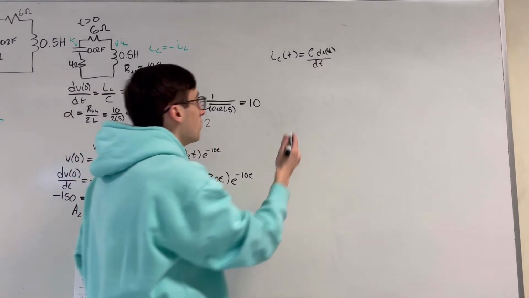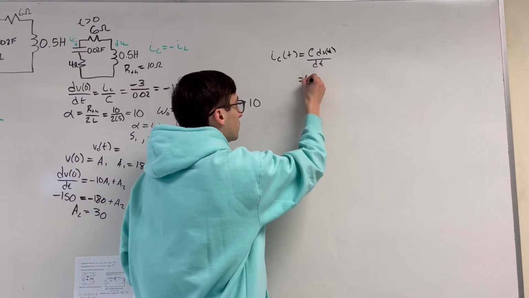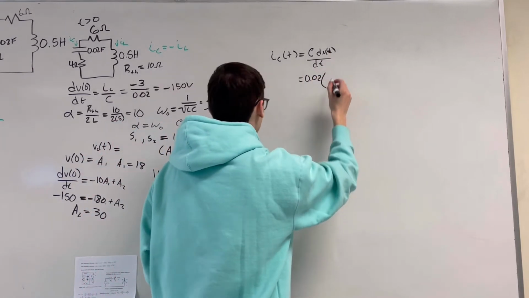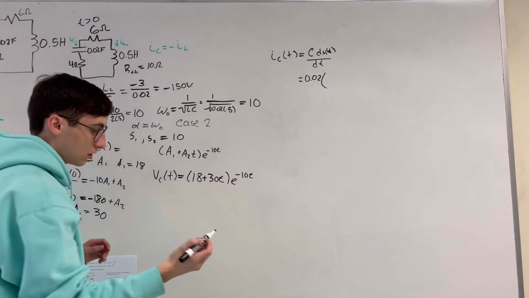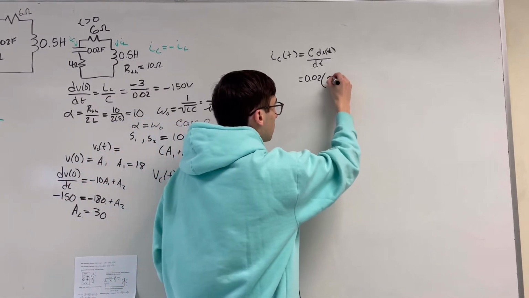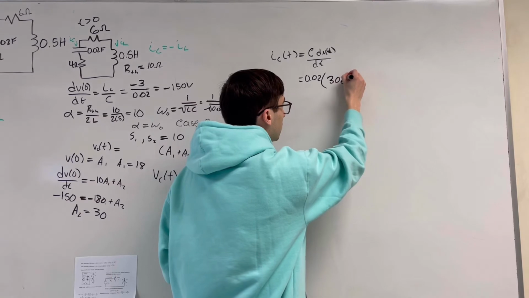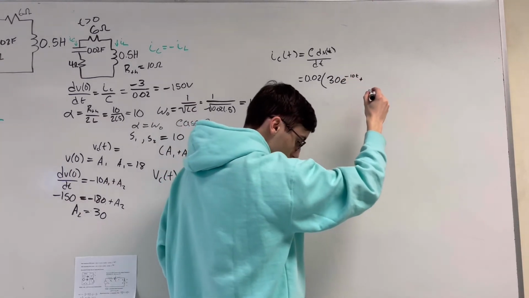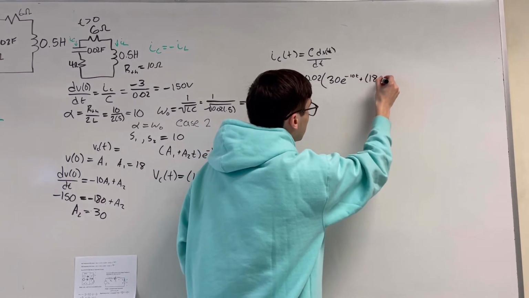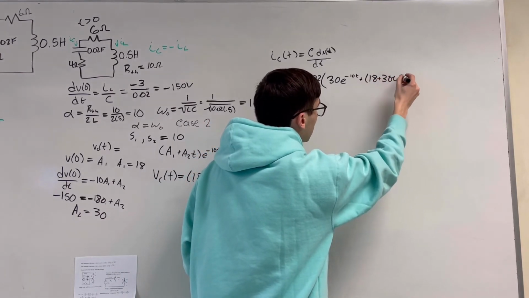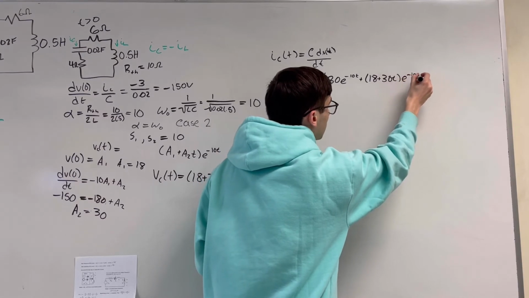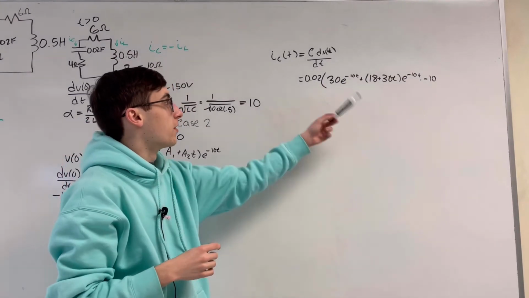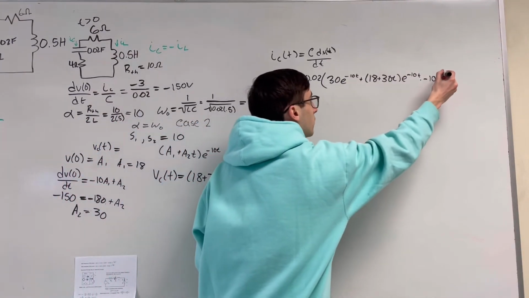So in this problem, it's just going to be equal to 0.02 times the derivative of this equation. That I think is going to be 30 e to the negative 10t plus 18 plus 30t times e to the negative 10t times negative 10. And then you just do some math and you can find what this actually is.